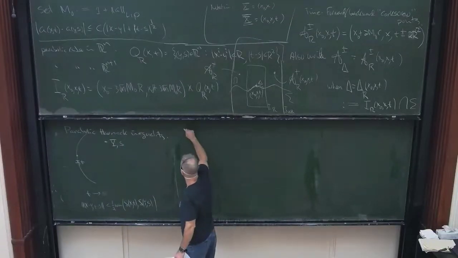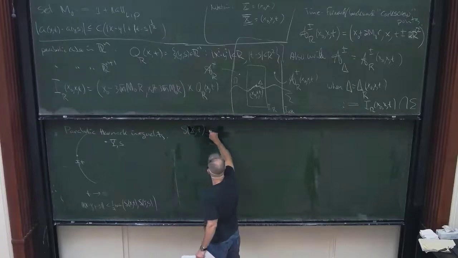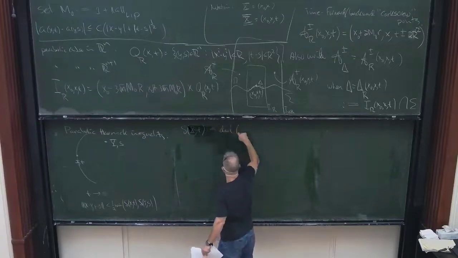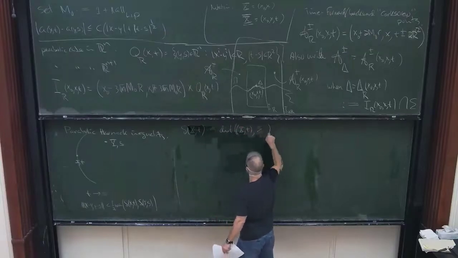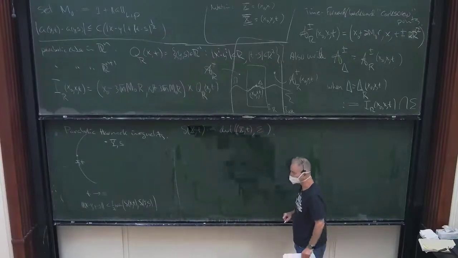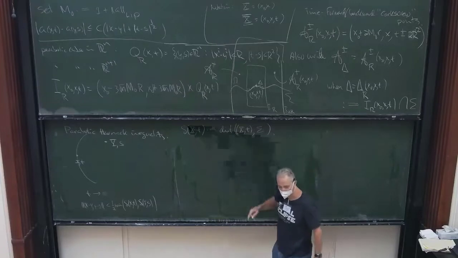So delta of a point xt just means the distance from xt to sigma. Okay? So this is an interior point. We're away from the boundary.